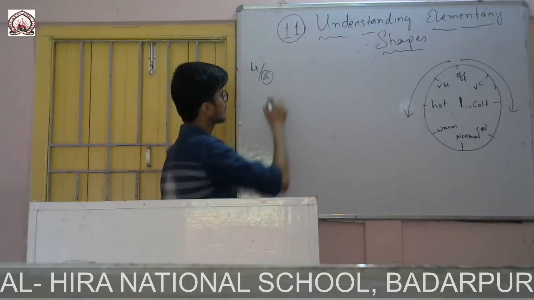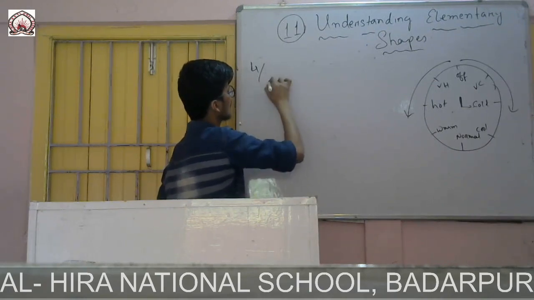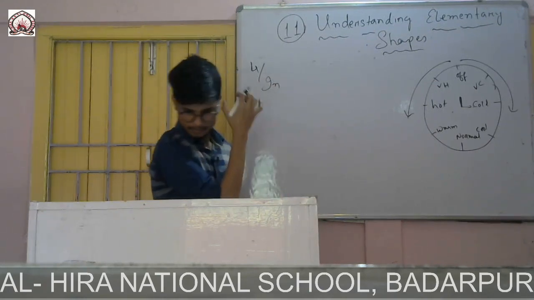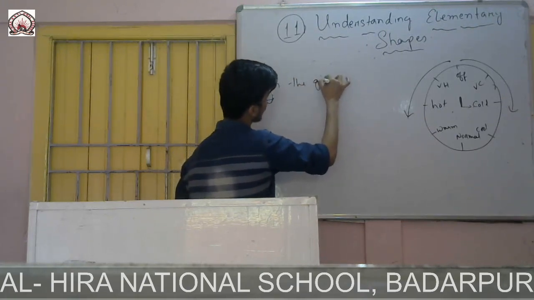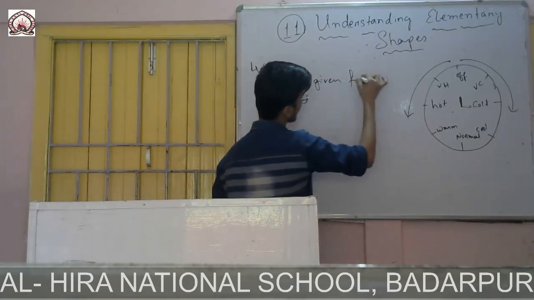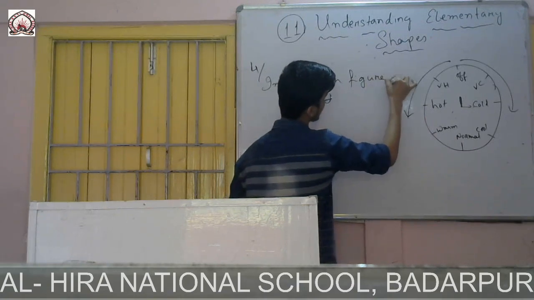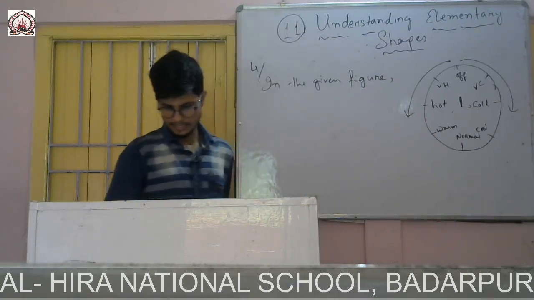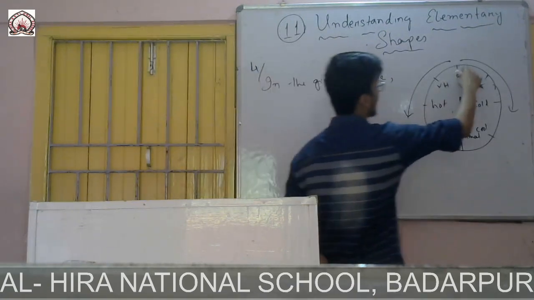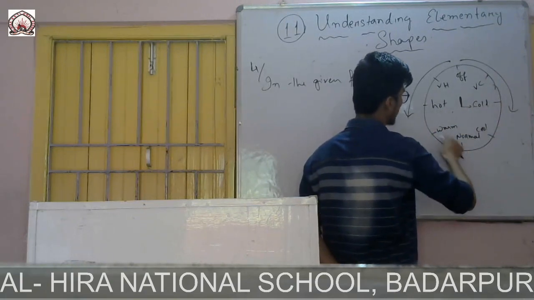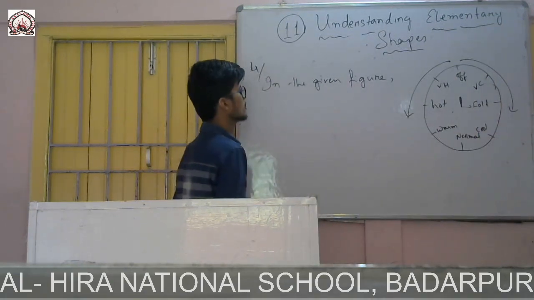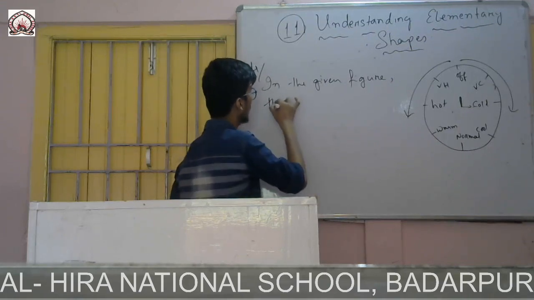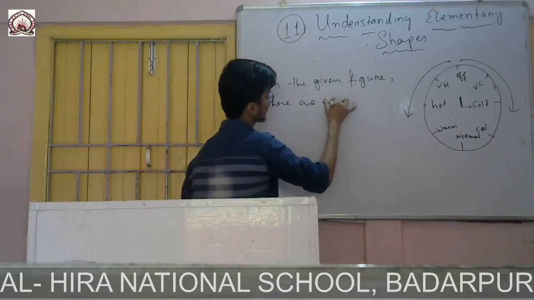Before writing this, in the given figure, how many markings are there? You count 1, 2, 3, 4, 5, 6, 7, 8. That means it is divided into 8 equal parts. So in the given figure, there are 8 markings.